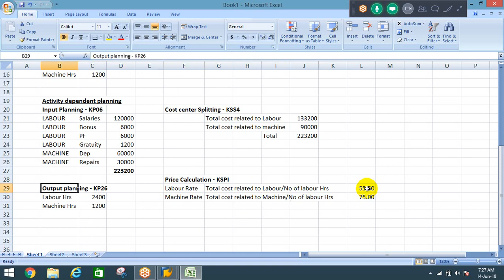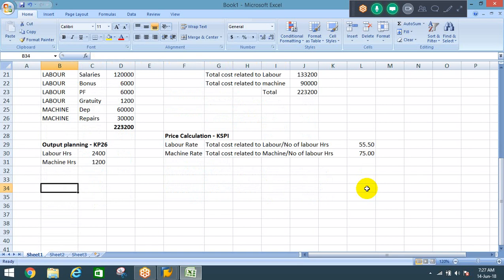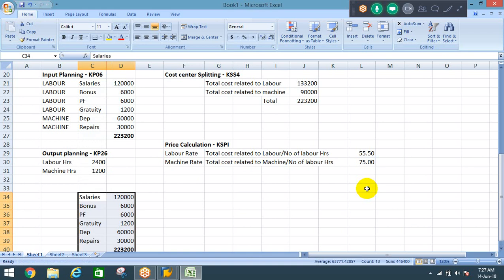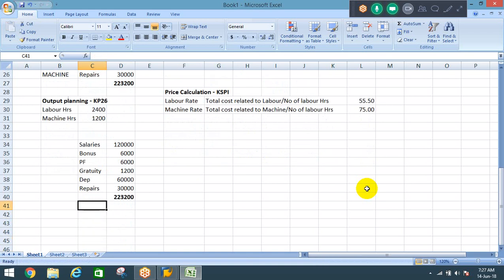For example, let us assume we have one cost center, and output planning is done in KP26, and input planning is KP06. First I need to do output planning.